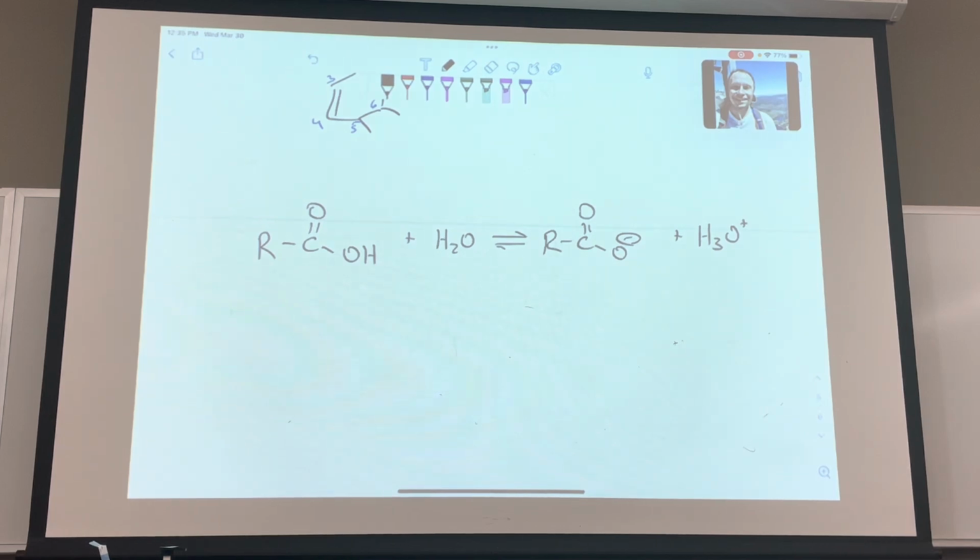So my question then is, why are these guys relatively acidic? You know, pKa of something like 4.8, where I can draw a very similar looking ionization equation for an alcohol.